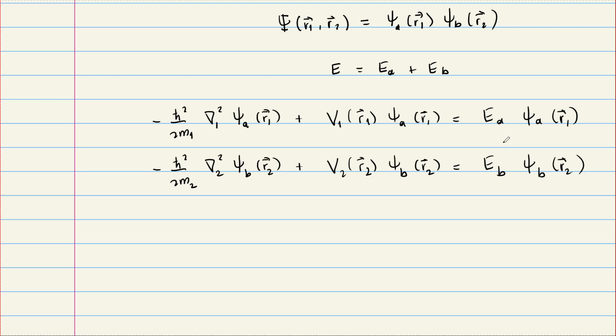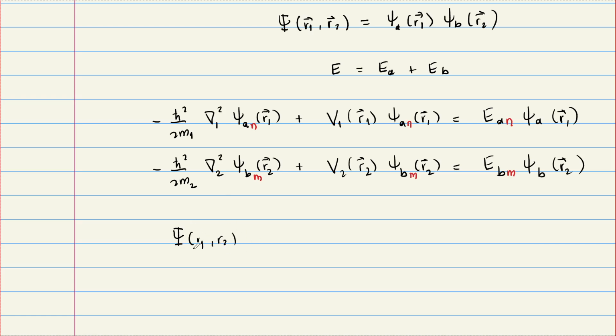And generally, if you remember, this is going to have a set of eigenvalues. This is going to have a set of eigenvalues, and each is going to have a solution. Let me call it n, and this is m. And the total solution is just going to be a product. Psi of R1, R2. Let me not write the vectors.